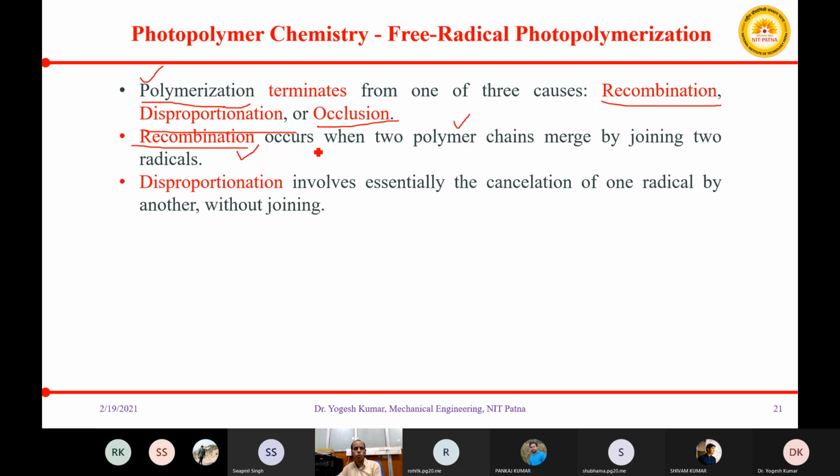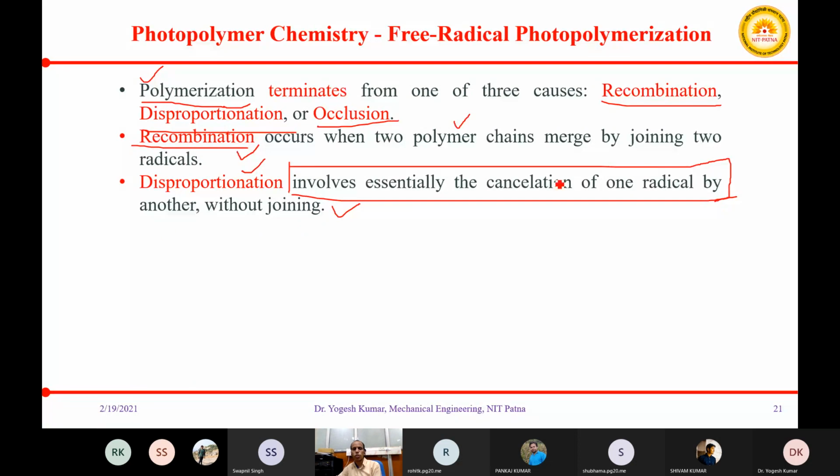The second is disproportionation, which involves essentially the cancellation of one radical by another without joining. This may also be one of the reasons for termination of the propagation of polymerization.